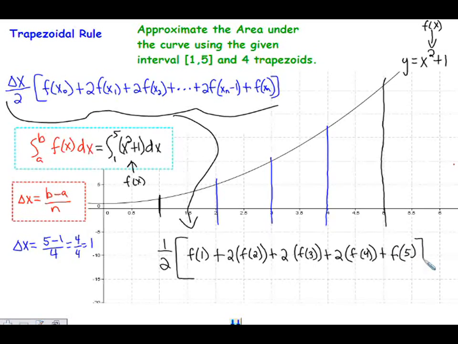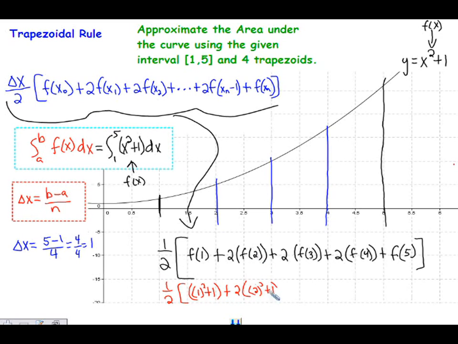Okay? So that's our formula there. Now we substitute the function in place of f, and the first input is 1. So that's going to lead us to 1 squared plus 1 for the first part, and then plus 2 times 2 squared plus 1. I'm making it more visual for you.